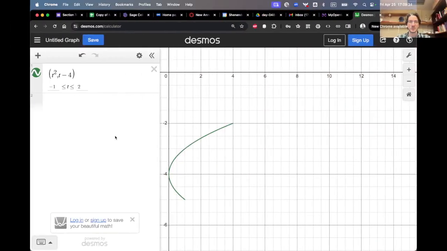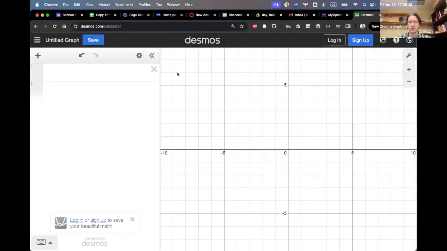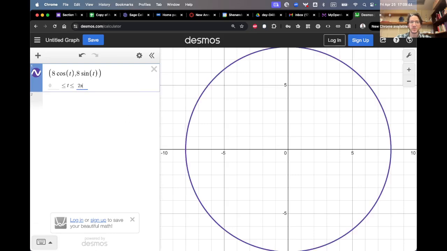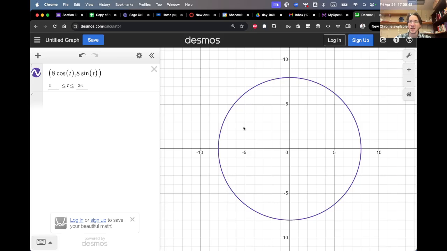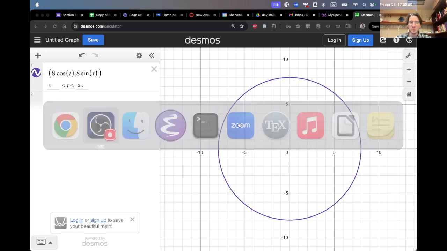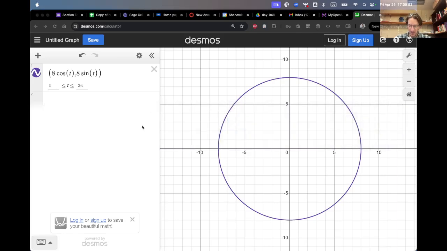And again, we can see this in Desmos. I do 8 cosine of t, 8 sine of t for t between 0 and 8, we get this. And maybe you see that if I change one of those coefficients, take a second and think about how that would change the shape.